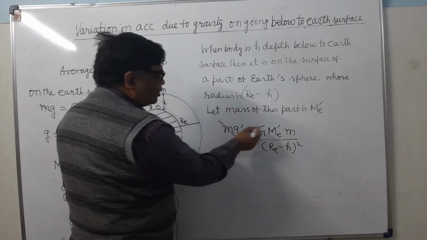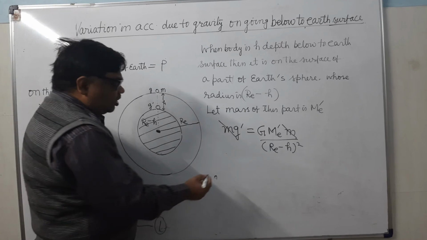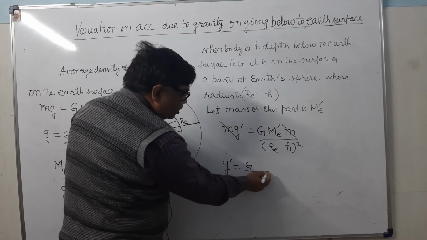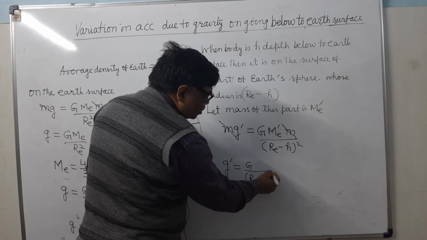When you cancel and substitute the value of me dash, g dash equals G me dash upon (RE minus h) whole square.